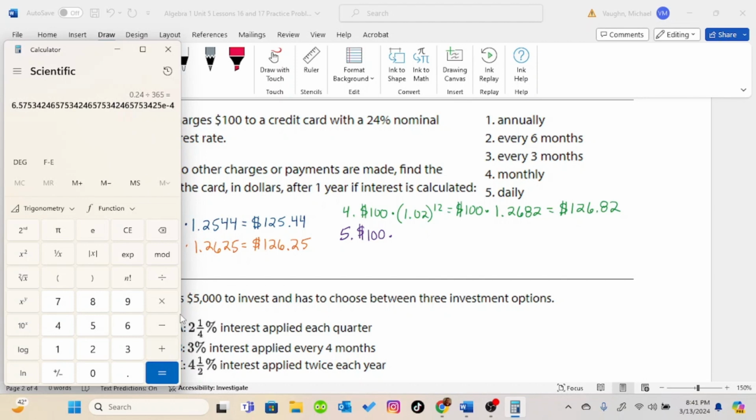And now we're going to add 1 to find our growth factor. So this is approximately 1.00066.